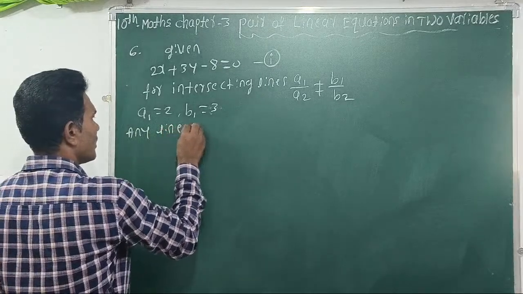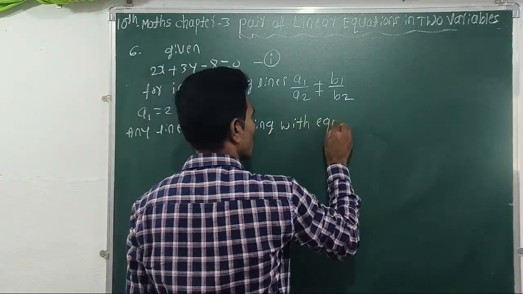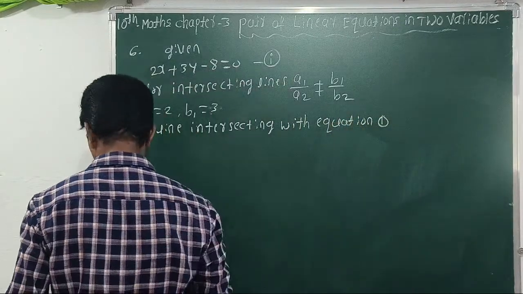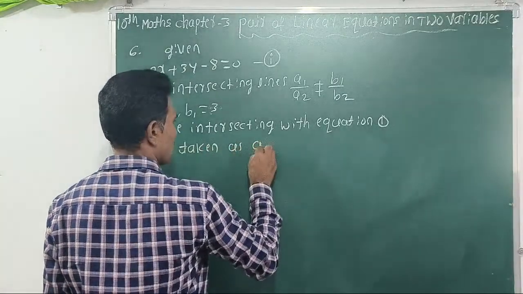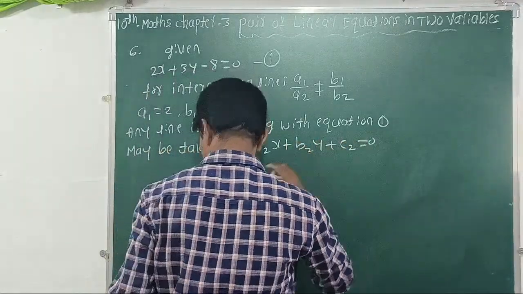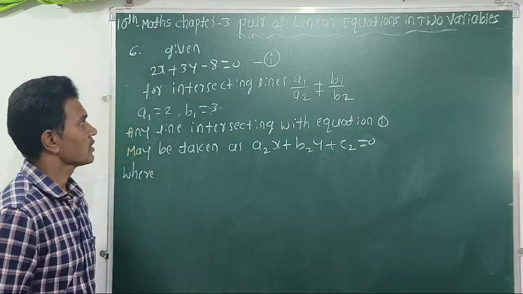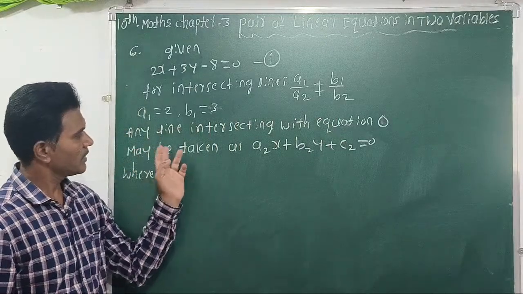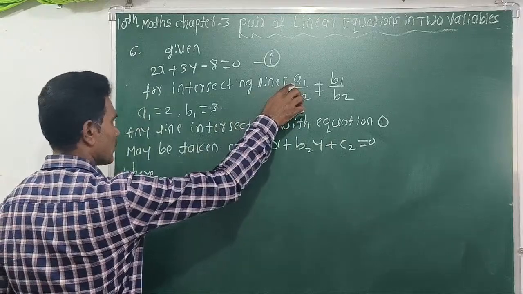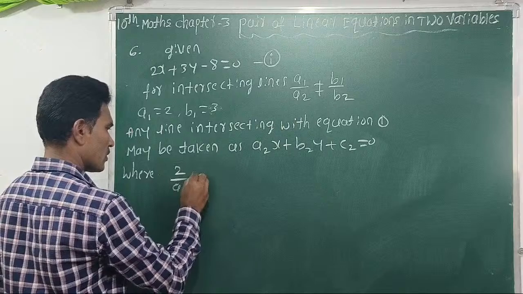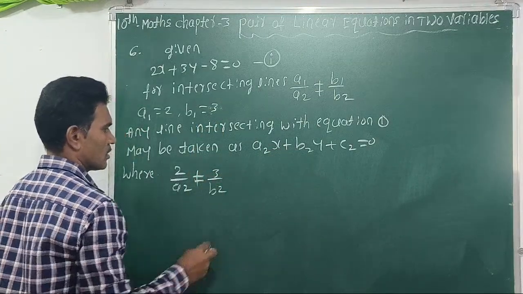Any line intersecting with equation 1 may be taken as a2x plus b2y plus c2 is equal to 0, where a1 means 2, a2 means a2, b1 means 3, b2 means b2.